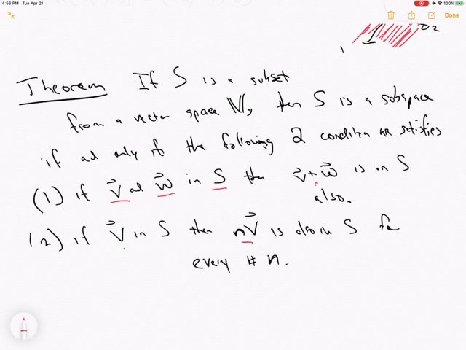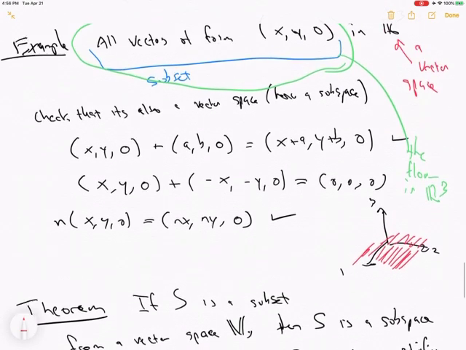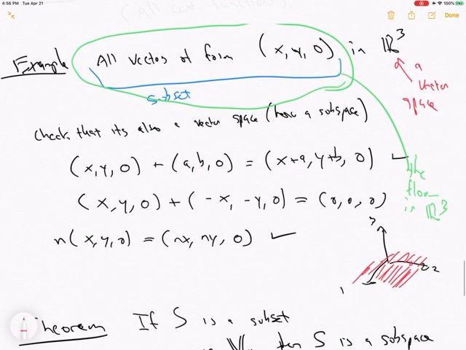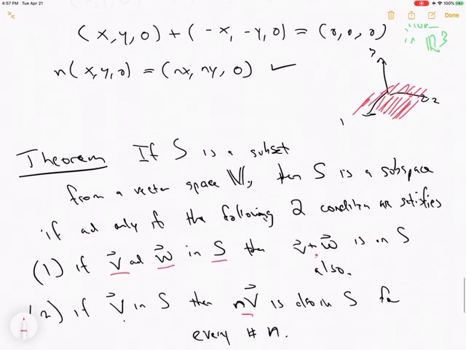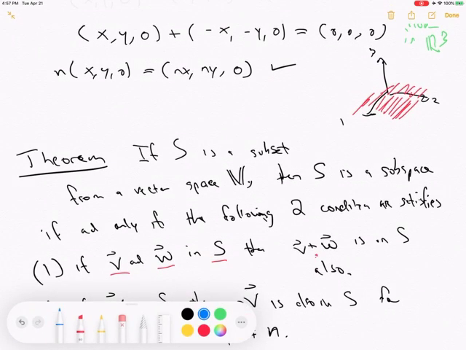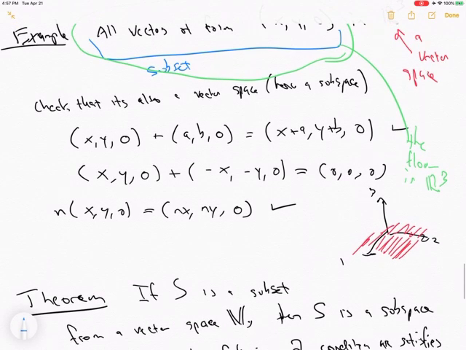Alright? And so now that we have this theorem, we can go back to the previous example. So all vectors of the form (x, y, 0), is that actually a vector space? I didn't go through the entire check, but now we can just check it using the theorem. According to the theorem, there are two conditions we have to verify. This is a verification of the first condition.